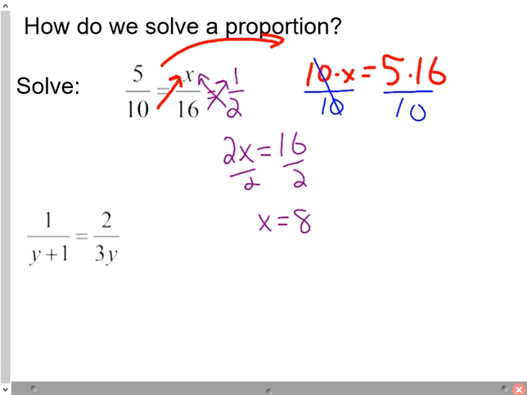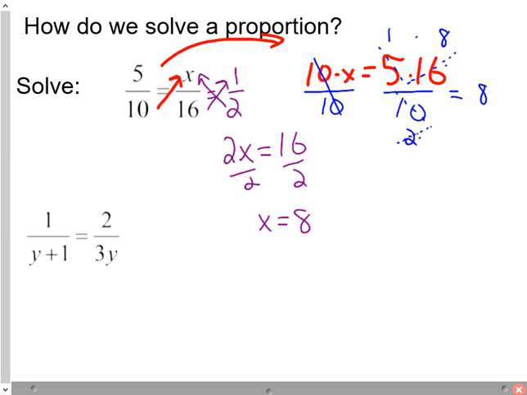Now, try to cancel like it's a fraction. Okay, so 5 goes into 10 2 times. So divide by 5, divide by 5. Oh, 2 goes into 16 8 times. So going to the right this time. And I get 1 times 8 is 8. So we can similarly do that math without simplifying.